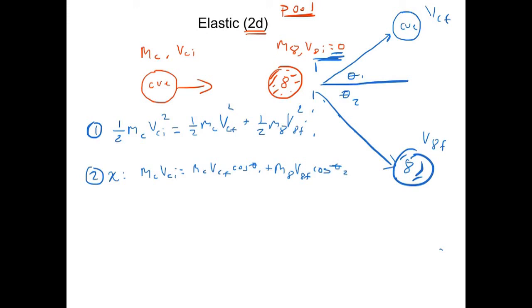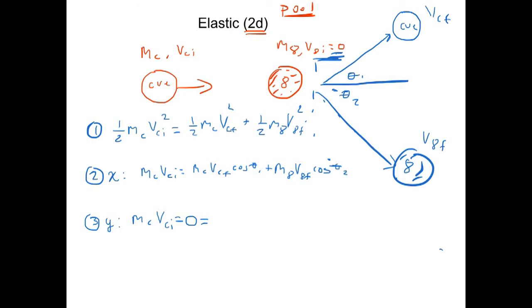And the third equation I'll get is momentum in the y direction. So mass of the cue ball times the velocity of the cue ball initially in the y direction. Well, that's just 0, because initially in the y direction it's 0. And so this should equal, and remember, think of that as like negative theta 2, negative theta 2 there, but in cosine it won't matter.